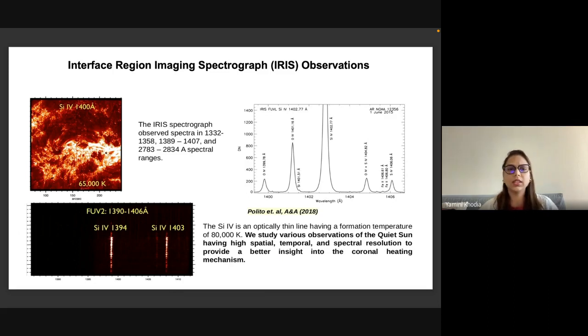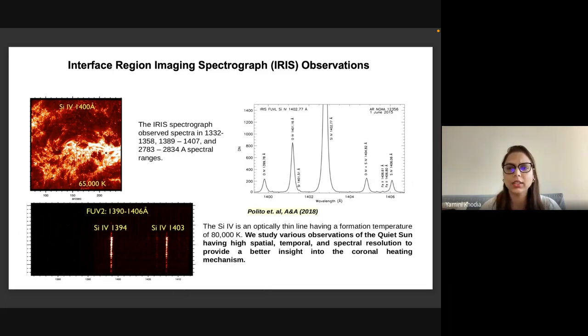On the right-hand side, we see the strong Silicon IV 1402 angstrom line, and then we have a lot of other oxygen IV lines and sulfur IV lines and also iron lines.